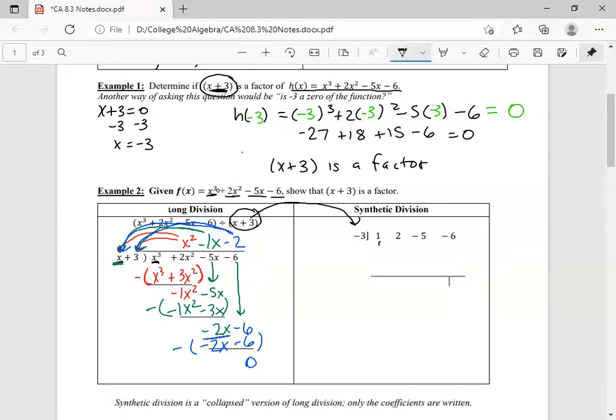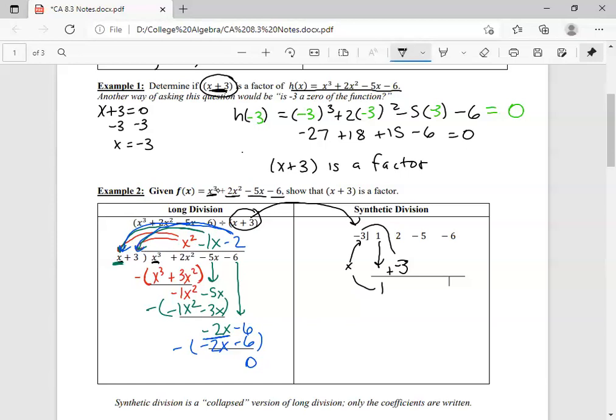So first step here, you're going to bring the 1 down. You're going to take the 1 and multiply the 1 by negative 3. And that goes, 1 times negative 3 is negative 3. That goes right underneath the 2. Going to add those two numbers together.